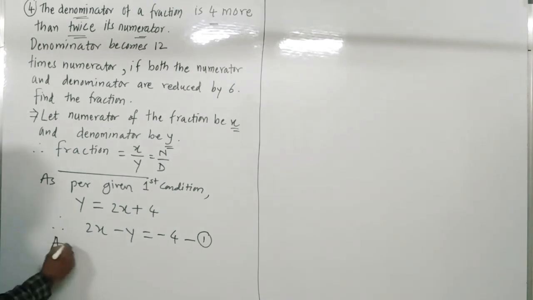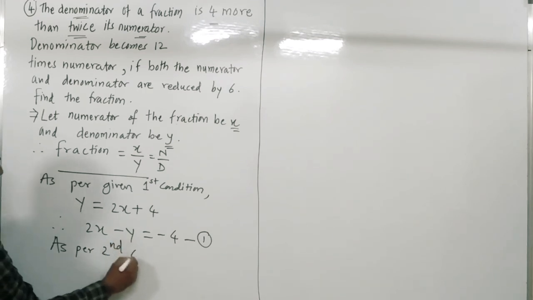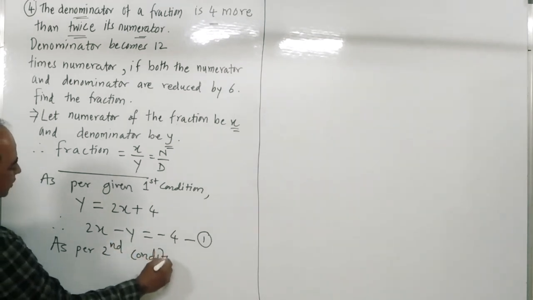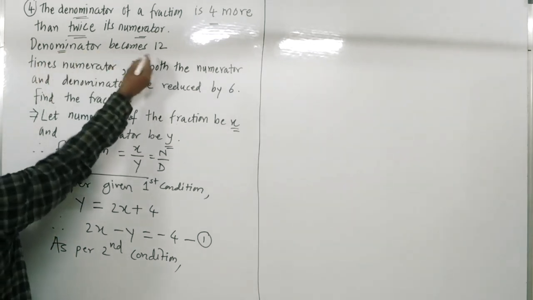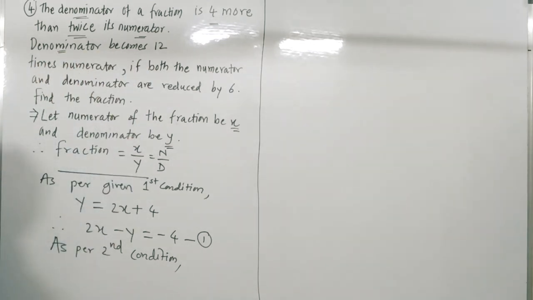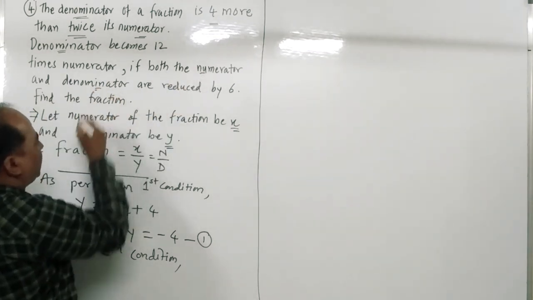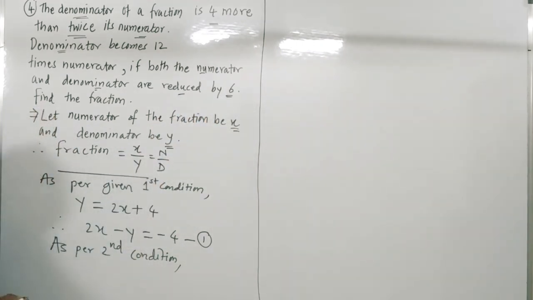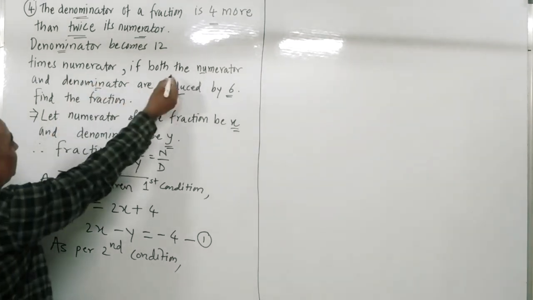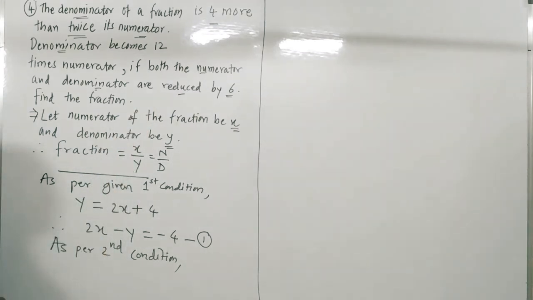Now as per the second condition which is given in the example: the denominator becomes 12 times the numerator if both numerator and denominator are reduced by 6.